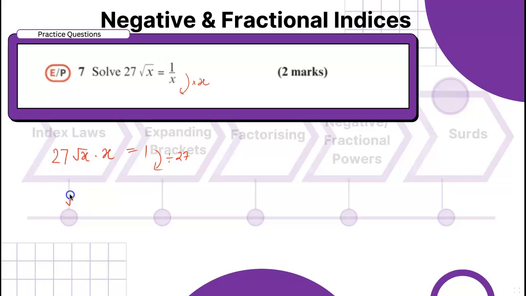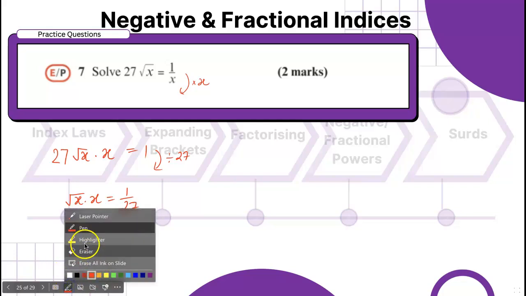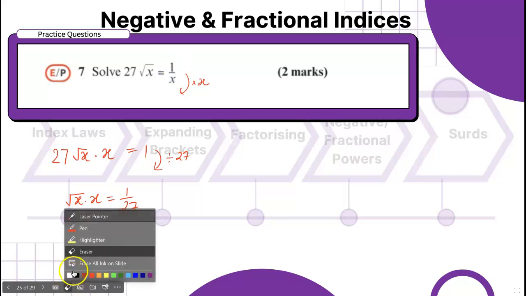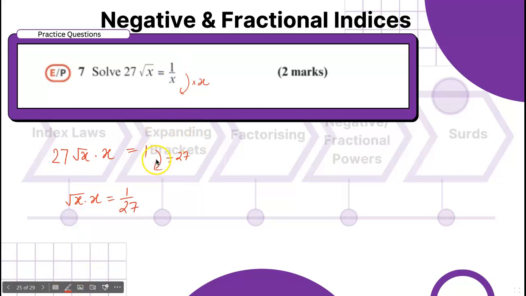So that will give us root x times x, that is 1 over 27. Or if you know these things, when we have the complete term on the left side and the right side also the complete term, with an equal sign, you can just change the places. You're going to be moving this x going there at the top and this 27 coming down at the bottom. So they can exchange their places, if that makes sense. Otherwise, we will be doing step by step.